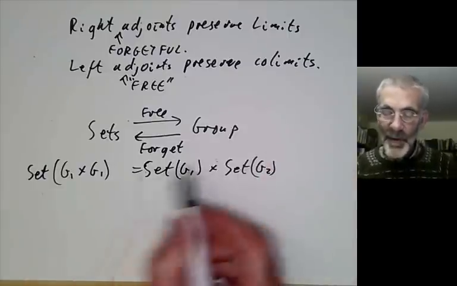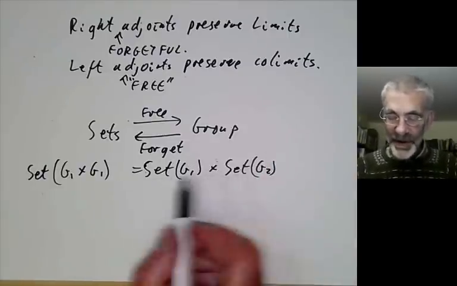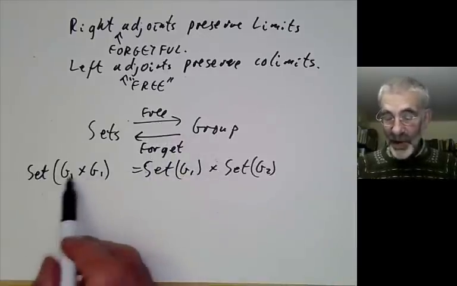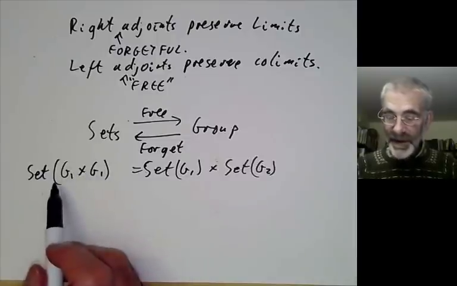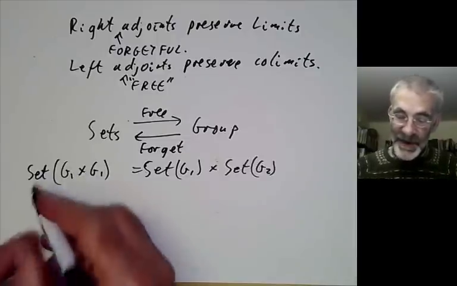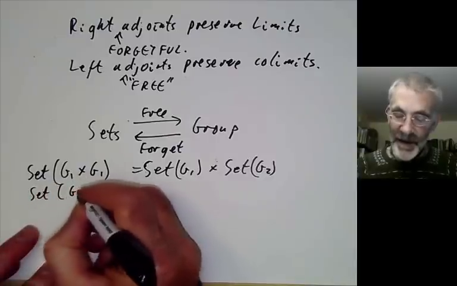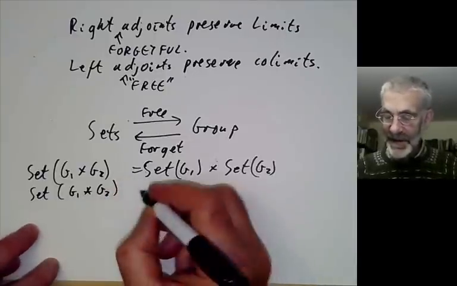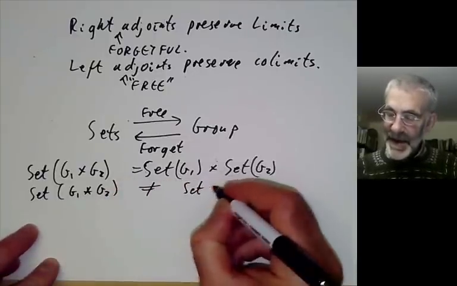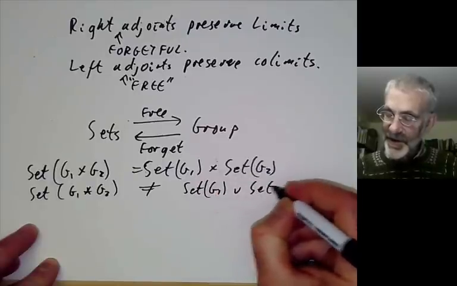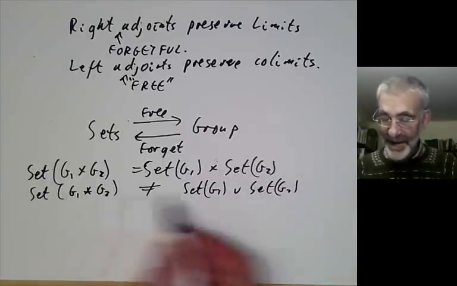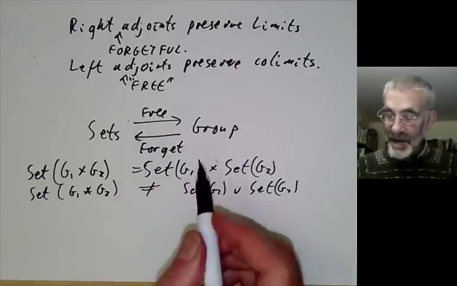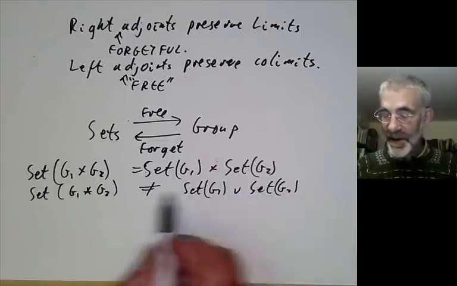And this sort of explains why when you take the product of groups, you take the product of the underlying sets. If we try and look at coproducts, we notice that taking the underlying set doesn't preserve coproducts. For instance, the underlying set of the free product of G1 and G2 has nothing to do with the set G1 union the set G2. I mean, these are just completely unrelated. So the forgetful functor preserves products and more generally limits, but certainly doesn't preserve coproducts.